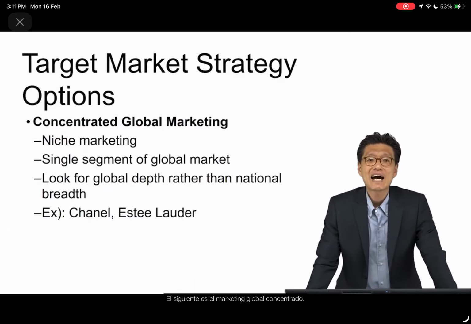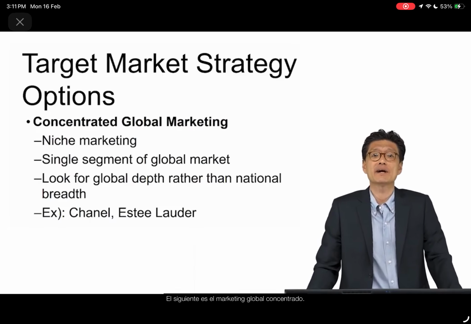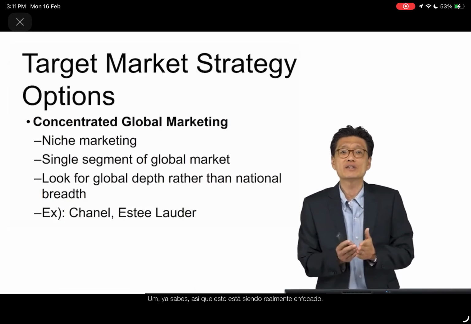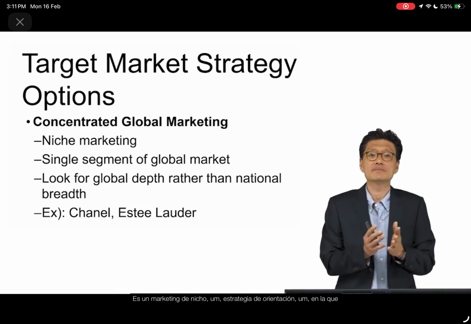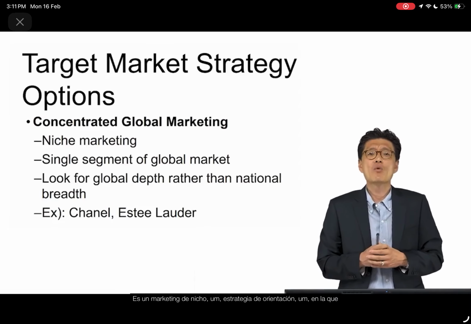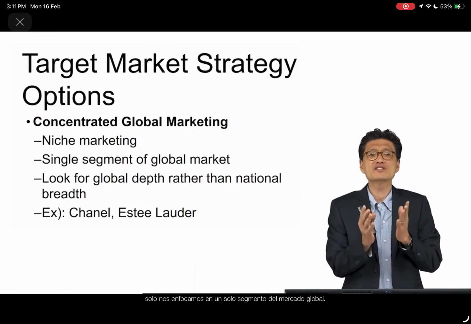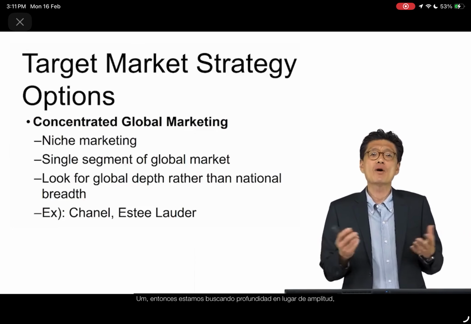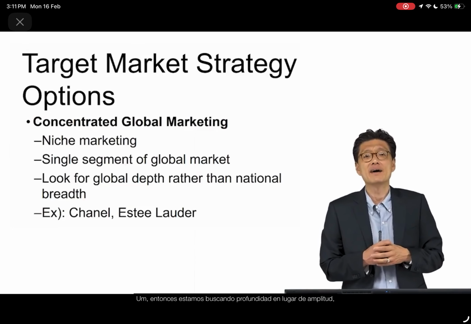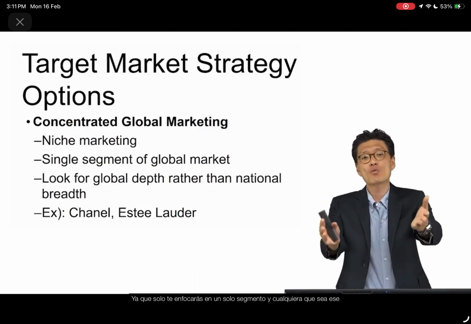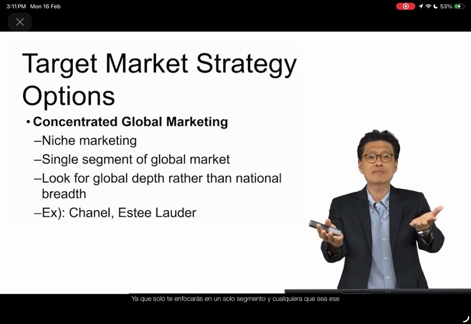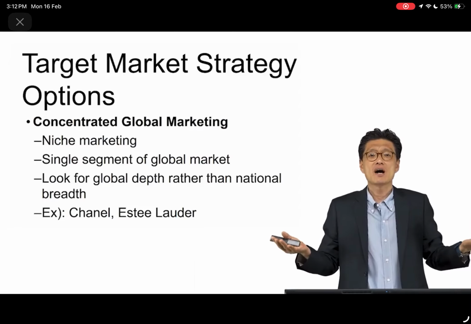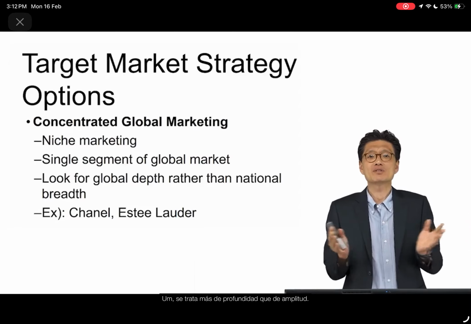The next is concentrated global marketing. So this is being really focused. It's a niche marketing targeting strategy where we're just focusing on one single segment of the global market. So we're looking for depth as opposed to breadth, right? Since you're only going to focus on one single segment, and we're not going after multiple segments, it's more about depth as opposed to breadth.